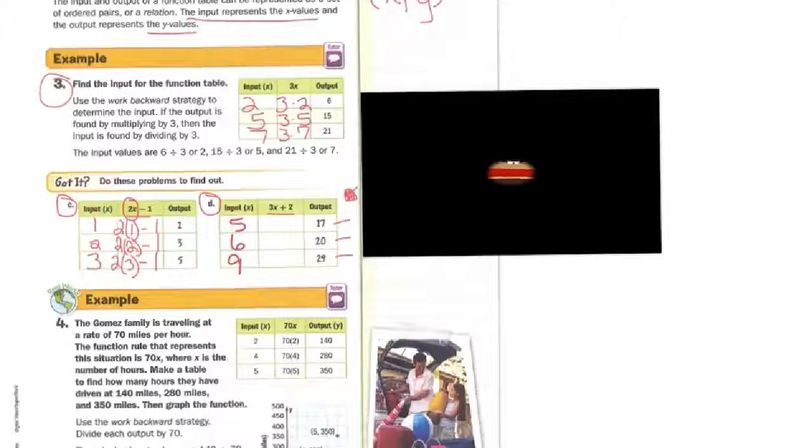Well, that's 15. So 3 times 5 is 15 plus 2. For 20, something plus 2 is 20. Well, 18 plus 2 is 20, so this has to be 3 times 6. What plus 2 is 29? Well, 27 plus 2 is 29, so this is 3 times 7. That's how we got those answers.